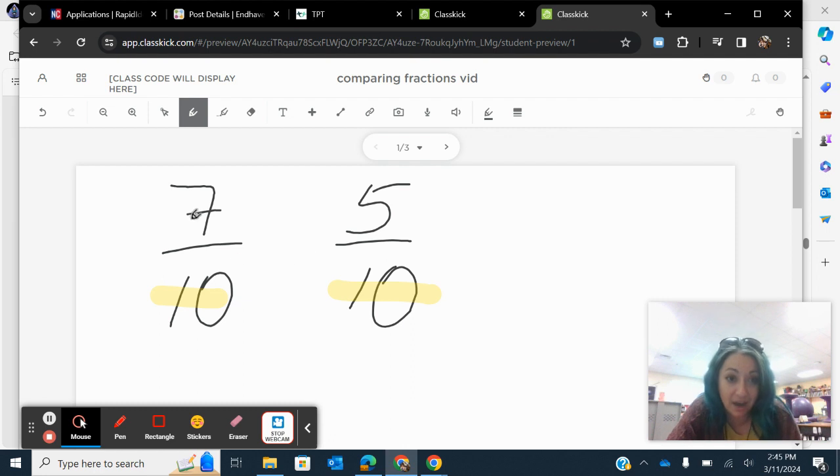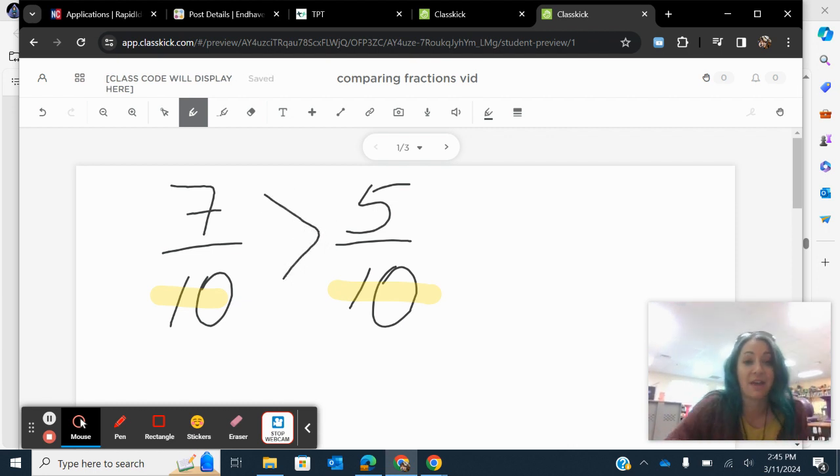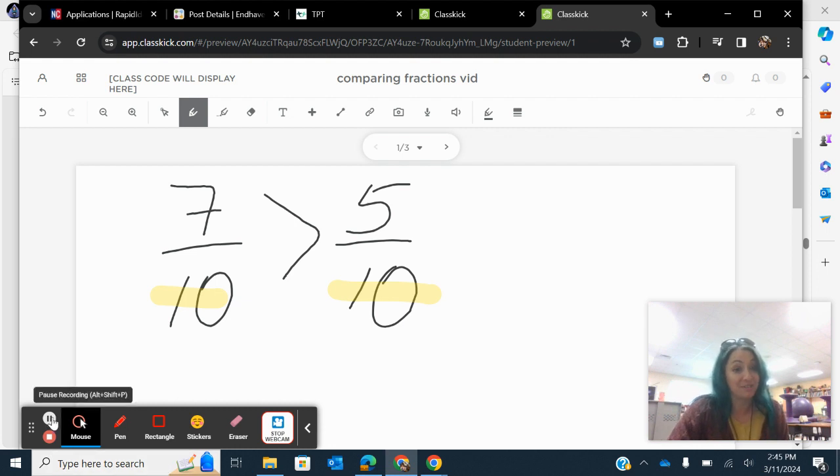You can even cover these ones up, don't even look at that. Which one's larger, 7 or 5? Yeah, 7 is larger than 5. So that means 7/10 is larger than 5/10. That's it. When you're comparing fractions with the same denominator, all you have to do is compare the numerators.